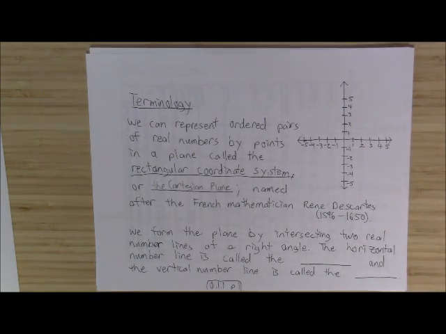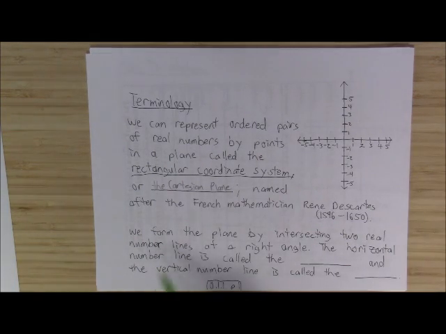Legend has it that René Descartes, who incidentally is famous for the phrase, "I think, therefore I am," as sort of a starting point for philosophy, realized this was a valuable way of graphing because he was tracking a fly on his ceiling, and he realized that by measuring the distance from each of the two walls to where the fly was on the ceiling, he could accurately place where the fly was. That's exactly how this coordinate system works.